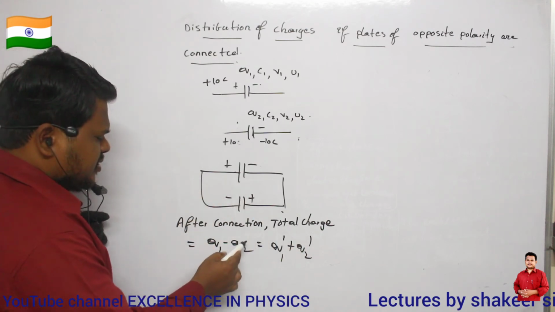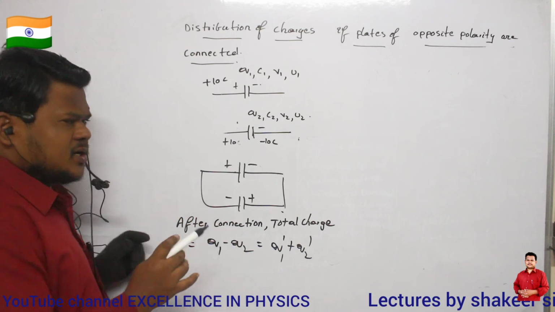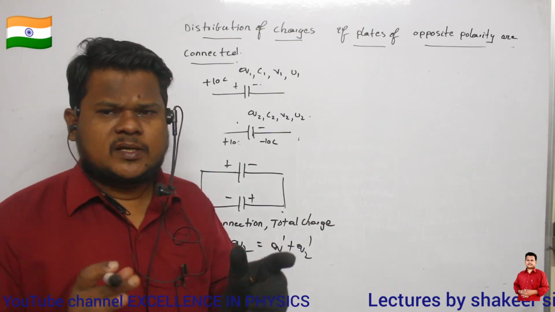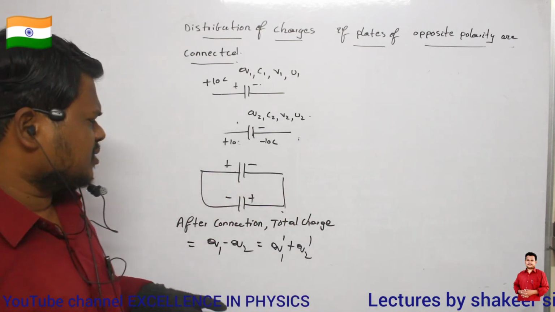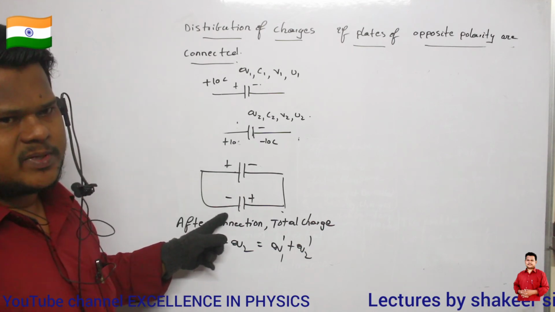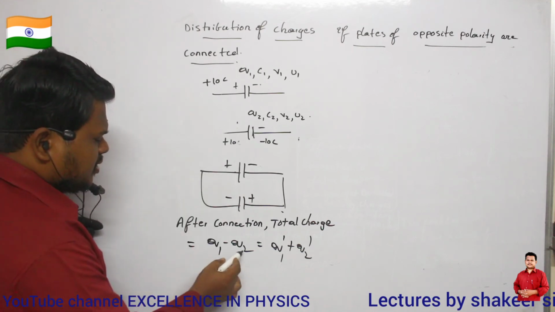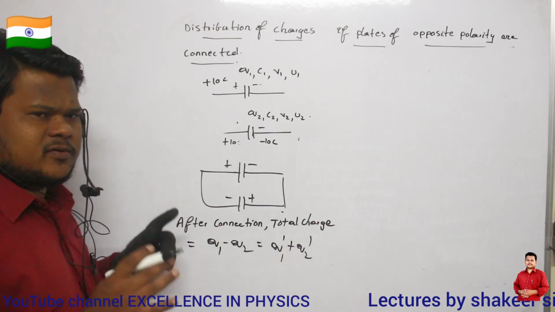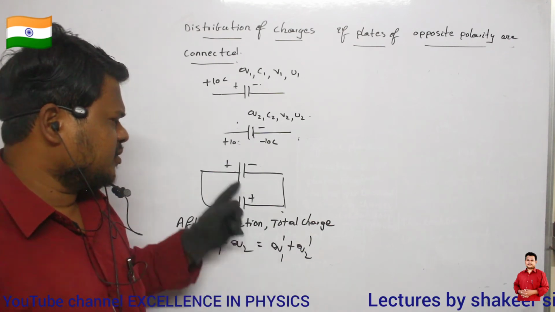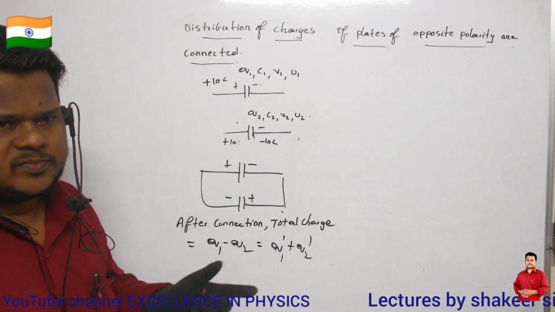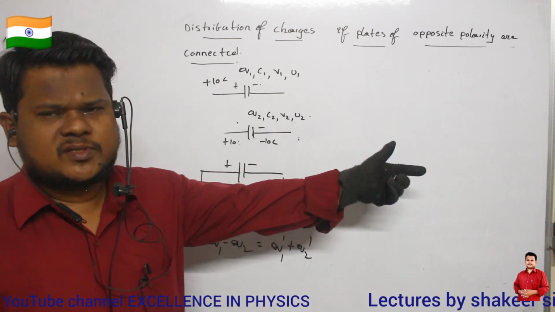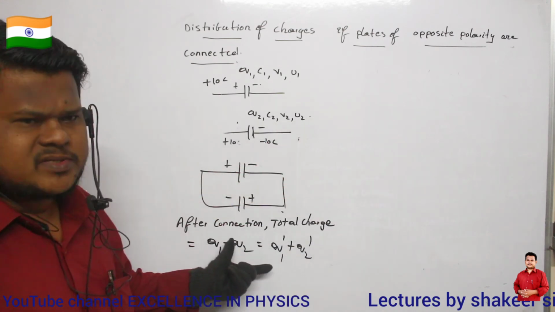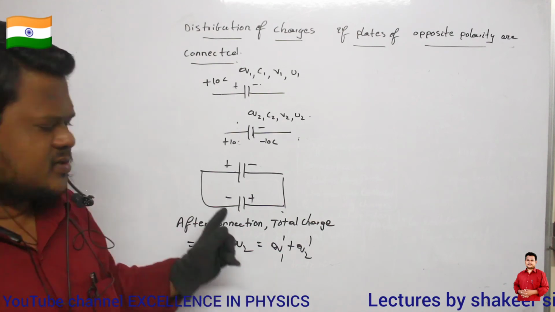So if I do Q1 minus Q2, there will be some charge left, and that charge will be redistributed on first capacitor and second capacitor. So Q1 and Q2 are initial charges. Q1 dash and Q2 dash are final charges which are redistributed on both the capacitors. Just what we have discussed numerically, now I am representing that mathematically. There is no other change.